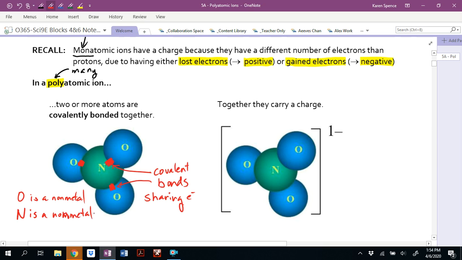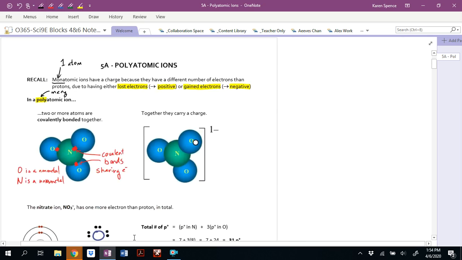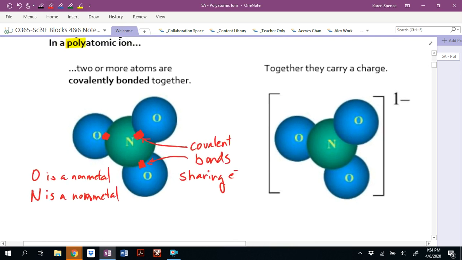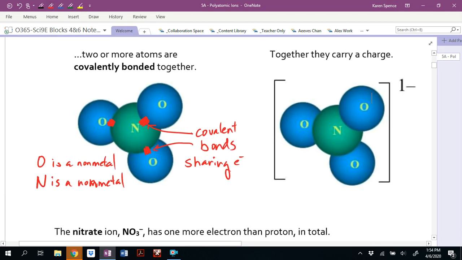And when you have two nonmetals together, they bond covalently. So a nonmetal plus a nonmetal gives us covalent bonds.